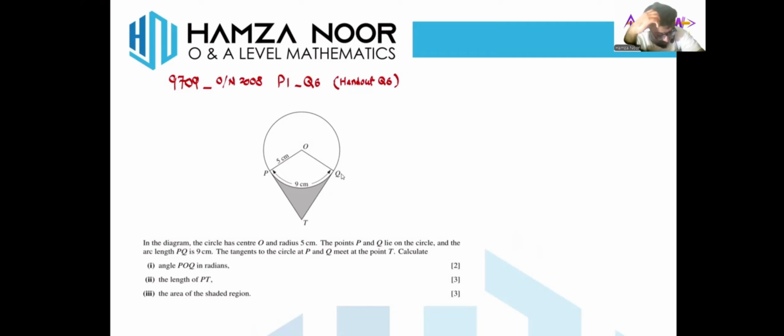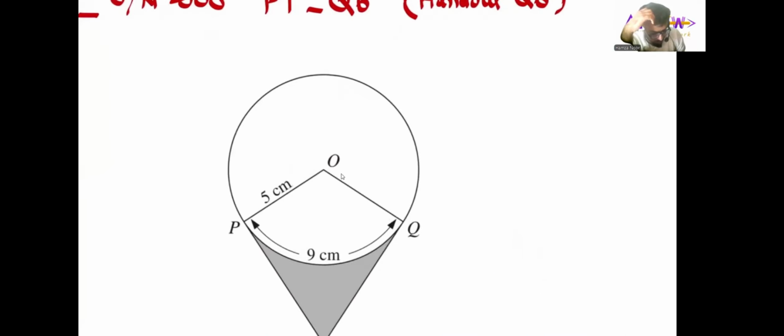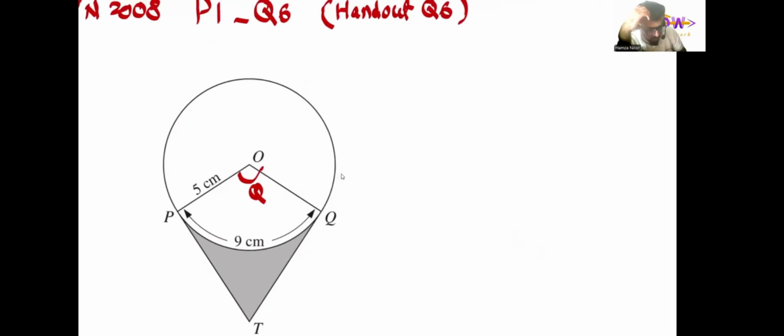Then it says that the tangents to the circle at points P and Q meet at the point T, and the requirement of part one is to calculate this angle POQ in radians. Since the radius is 5 and the arc length is also given to us, we can simply use the formula of arc length.